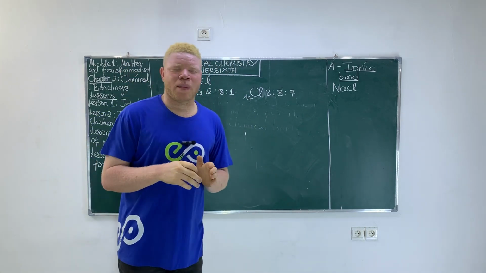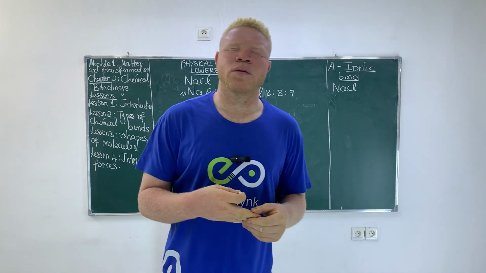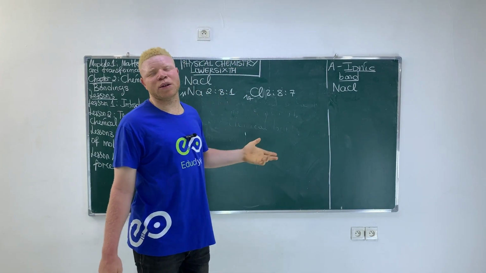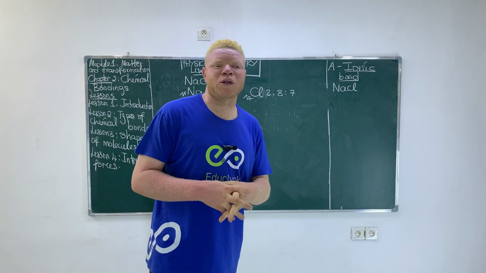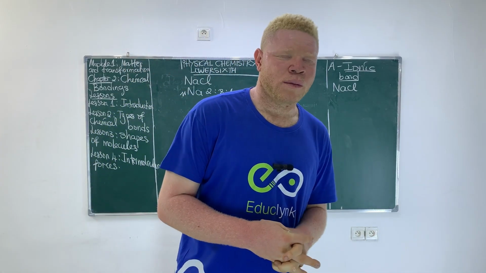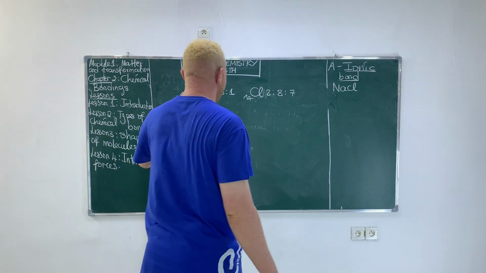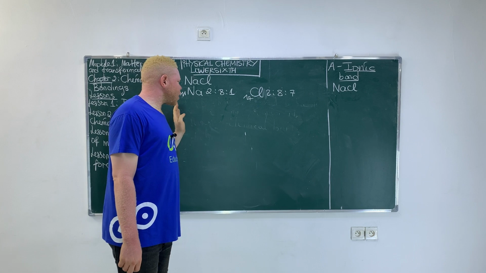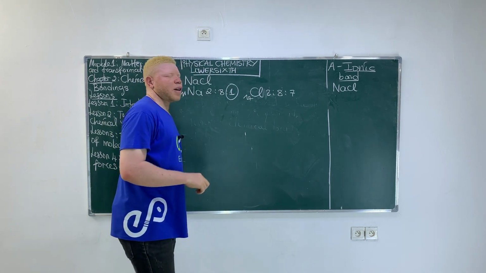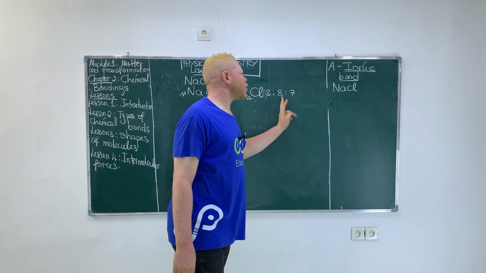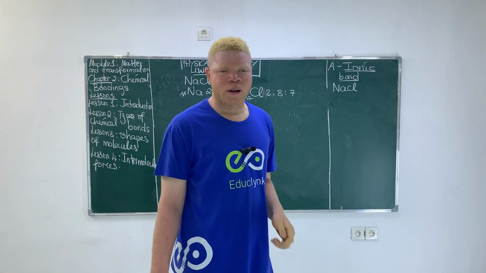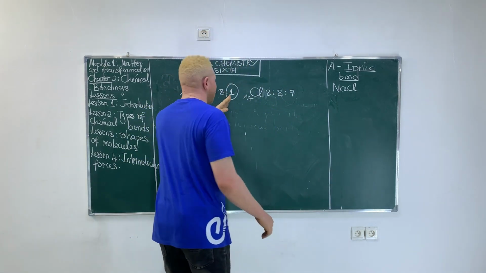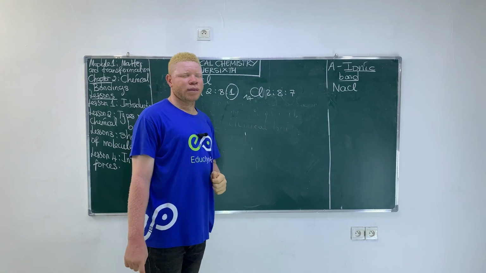While illustrating chemical bondings, we always need to use the 2:8:8 configuration. It's not advisable to use the SPDF notation because this configuration shows the number of electrons present in the outermost shell. In this case, we realize that sodium has 1 electron in the outermost shell, while chlorine has 7 electrons in the outermost shell. So sodium, being the metal, would transfer its valence electron to chlorine.